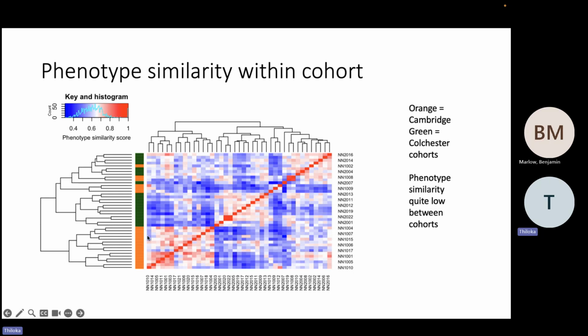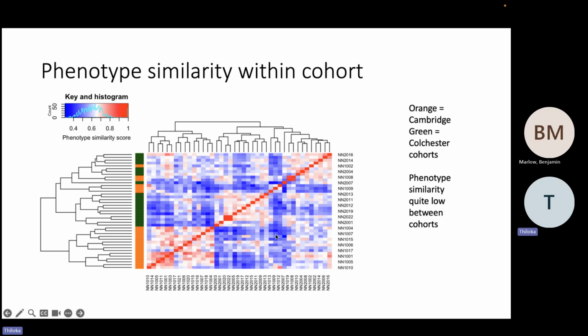You can see that the orange cluster, which is the Cambridge cluster, seems to cluster quite well together, and that's probably because they have quite a narrow phenotype, and then the Colchester patients seem to be a little bit more spread out and don't seem to cluster that well.